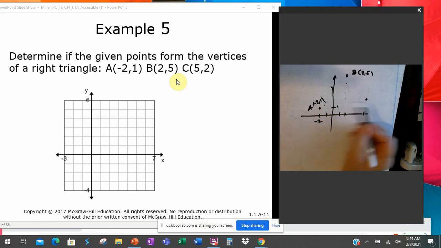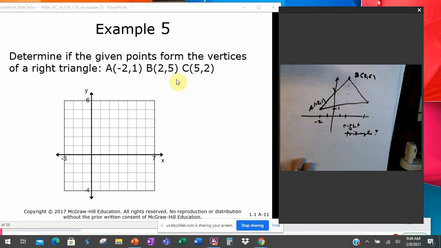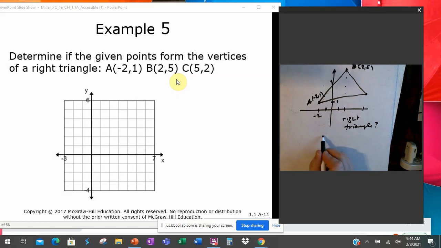So what they're doing is saying here, I've got these 3 points. Is that a right triangle? Does that form a right triangle? Okay, so you would need the distance, and I'm going to use this kind of notation.